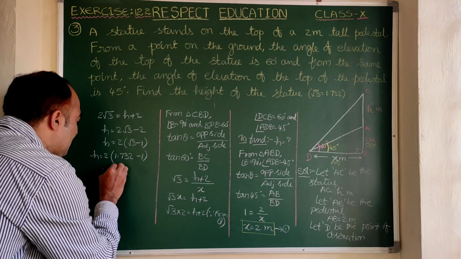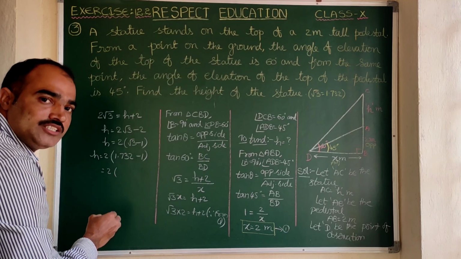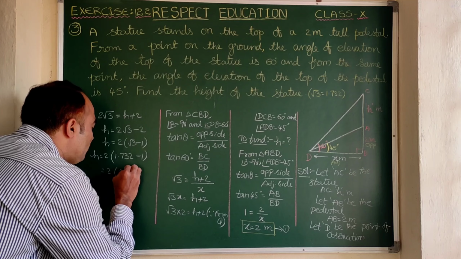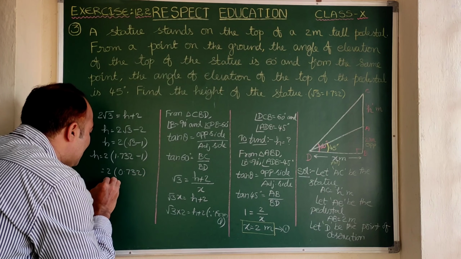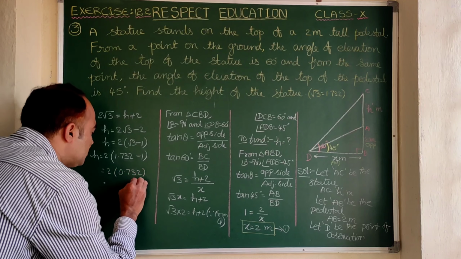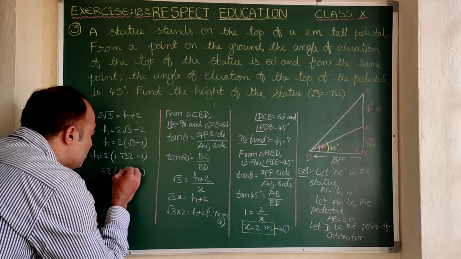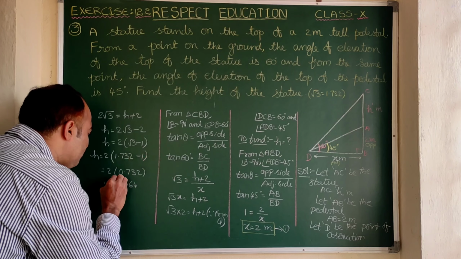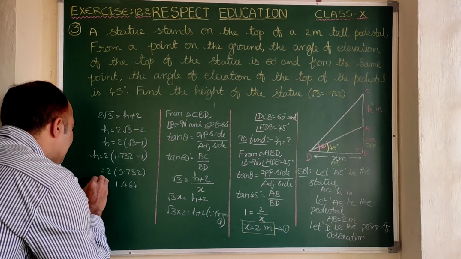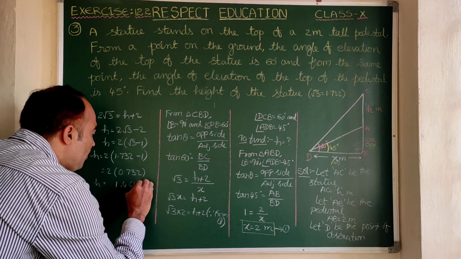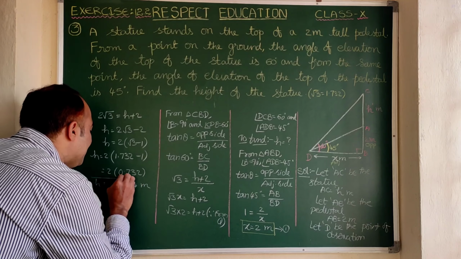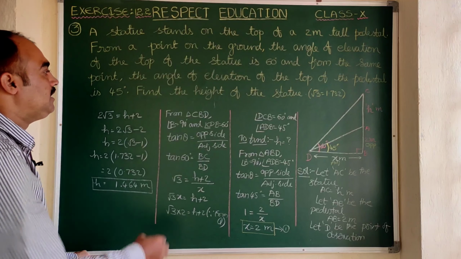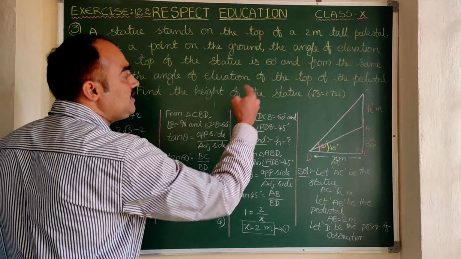Now this is 2 times 1.732 minus 1, which is 0.732. Let us multiply with 2. It is 1.464. So h is equal to 1.464 meters.